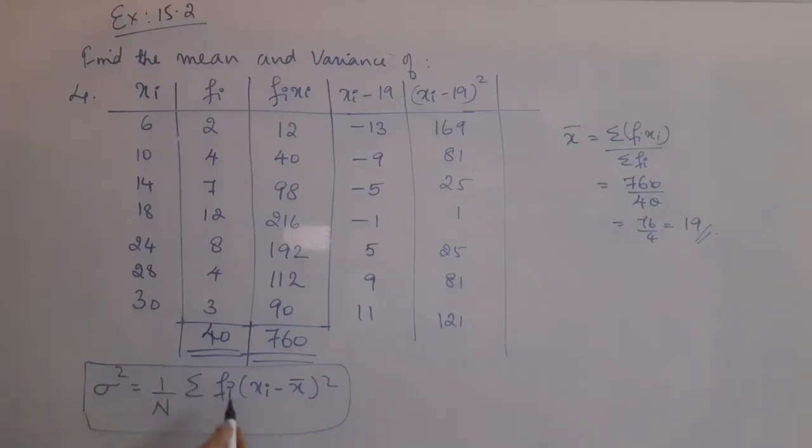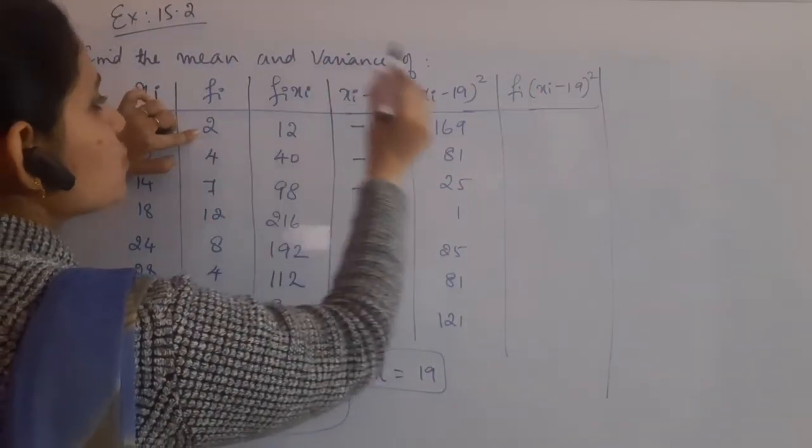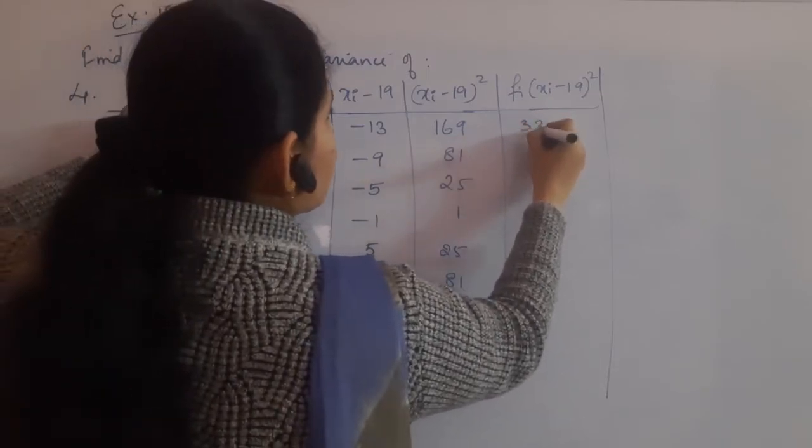Now the next thing is, you have to calculate Fi into Xi minus X bar the whole square. So one more column you have. First Fi into, here you will find 2 into 169. How much you will get? 2 into 169 is 338.